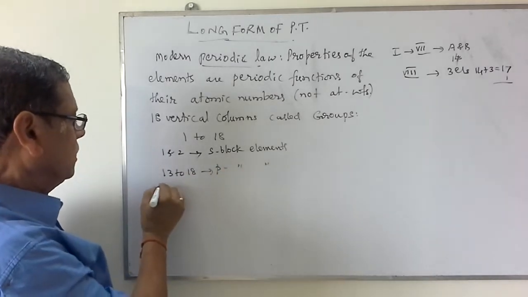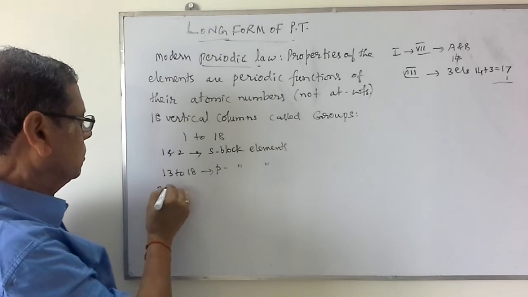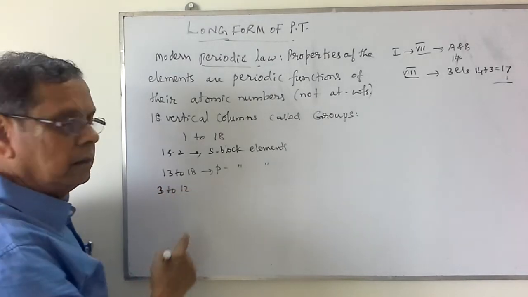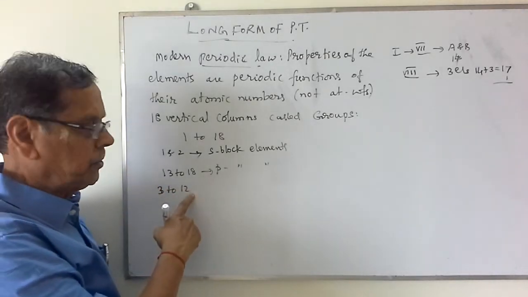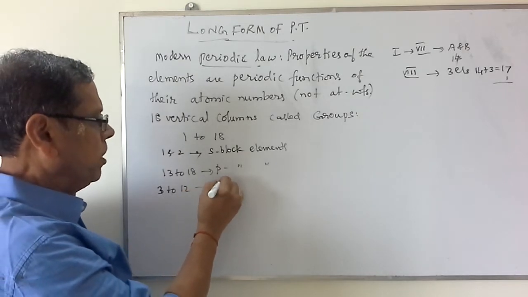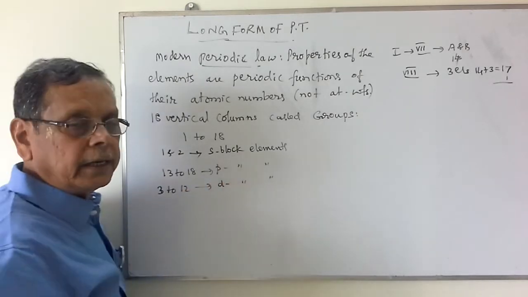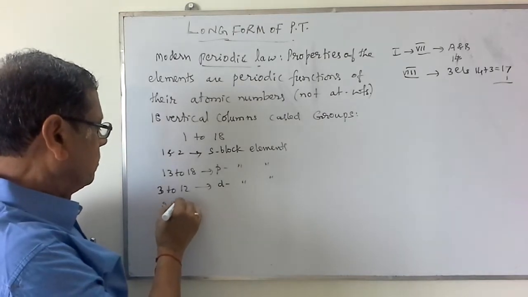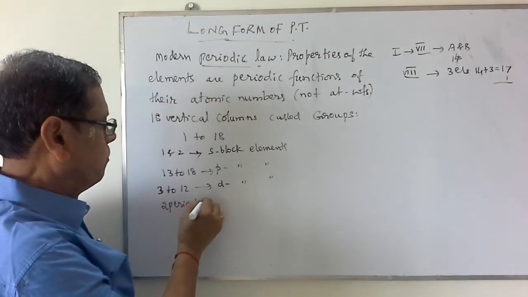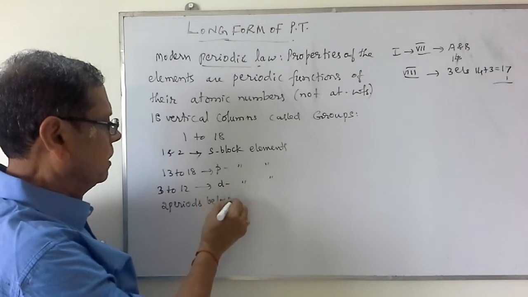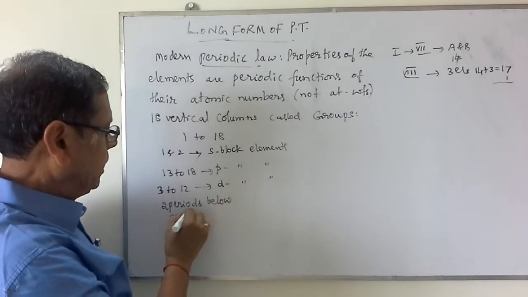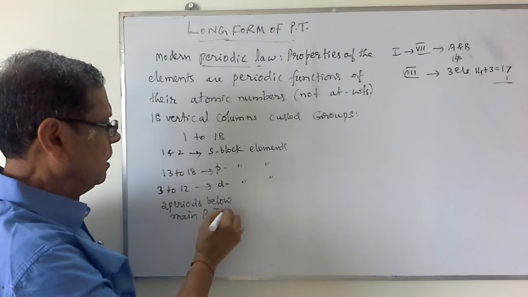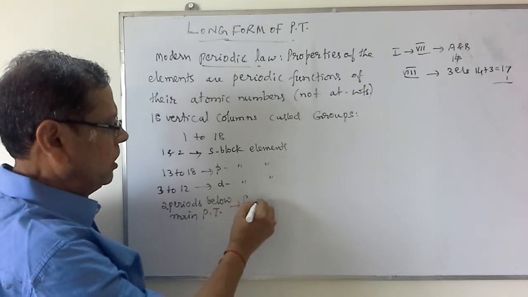In between, group number 3 to 12, just count 10 groups, are called the D block elements. There are 2 periods below the main periodic table, which are called the F block elements.